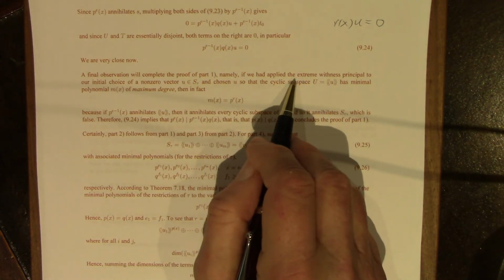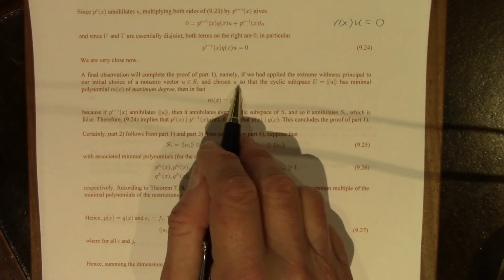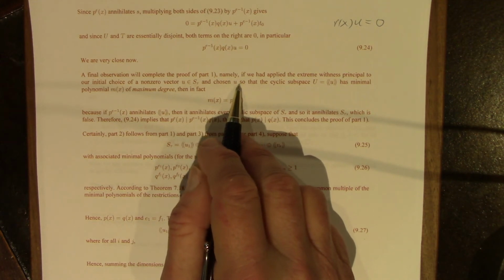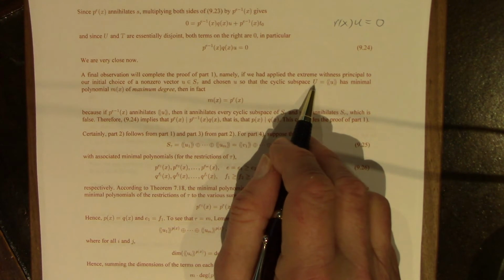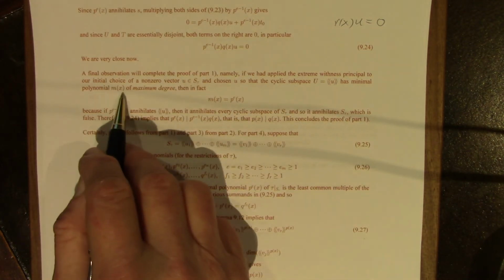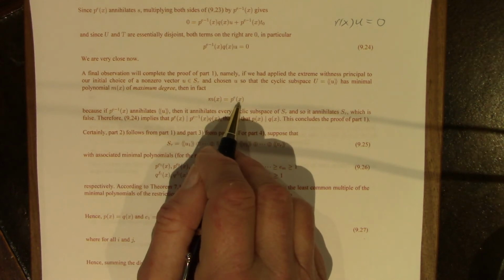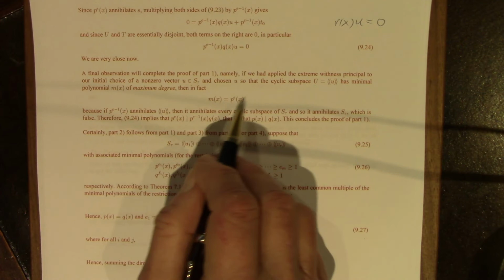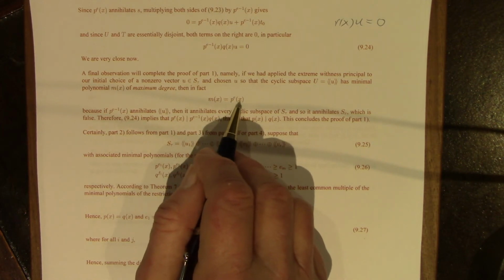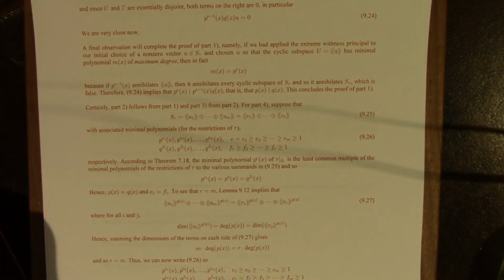If we had applied the extreme witness principle to our initial choice of the vector u, so if we had chosen u not just to be any non-zero vector in the module, but to have the property that its cyclic submodule has minimal polynomial of maximal degree, that minimal polynomial would be the full minimal polynomial, because no lesser power of p of x can kill u, since that would mean that it would kill everything.